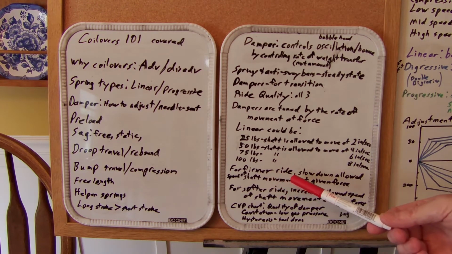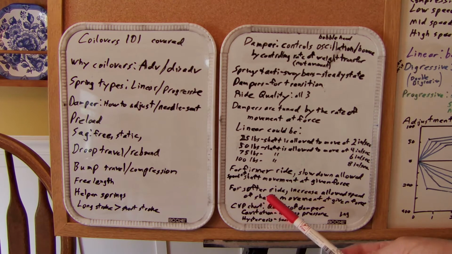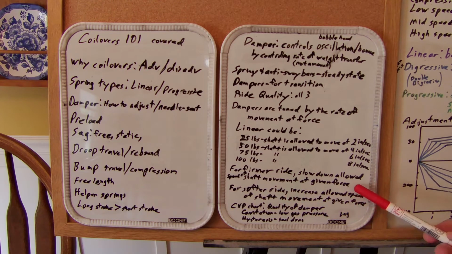For a firmer ride, you would slow down the allowed speed of the shaft movement at a given force. So if I change this to where 25 pounds can move at 1 inch a second, that would provide a firmer ride.